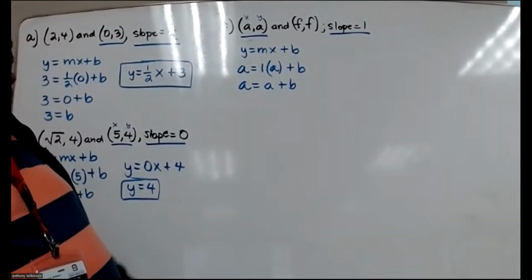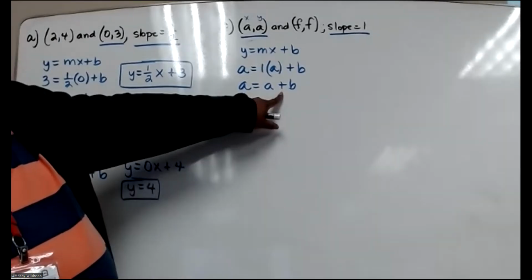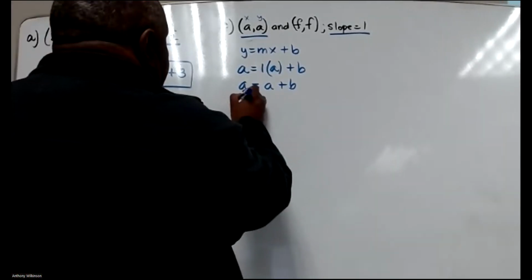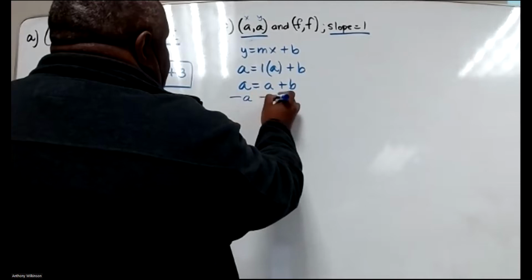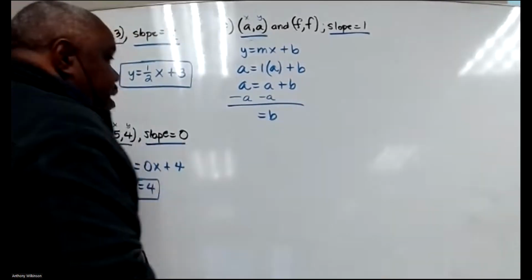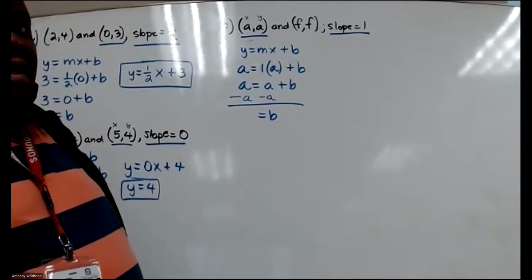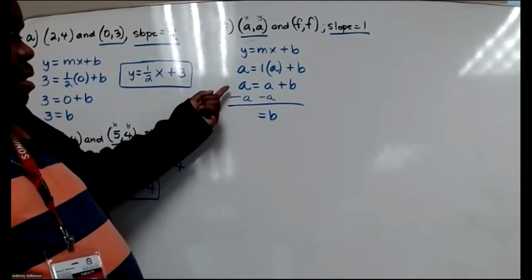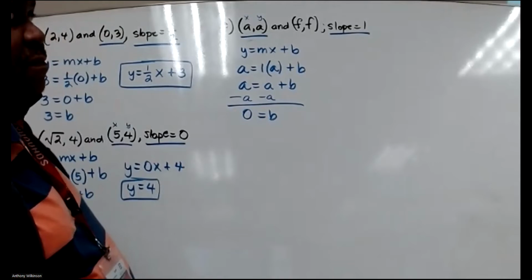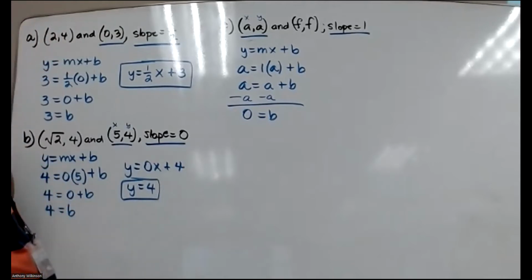Now in this case here, we need to solve for b. Here we're adding A, so that means I need to subtract A on both sides. So b will be equal to, and in this case, A minus A is 0. So your y-intercept will be 0.